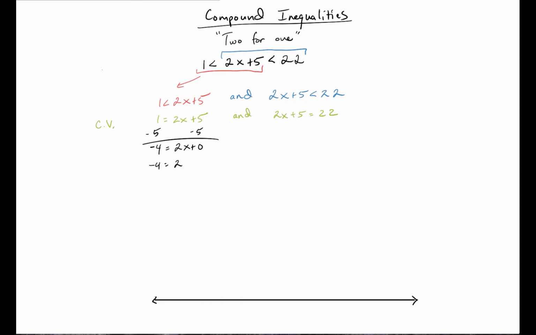And so I solve the left equation and I find a critical value of -2. And when I solve my right equation, I am going to find a critical value of 8.5. I'll go ahead and mention the fact here: x equals 8.5.